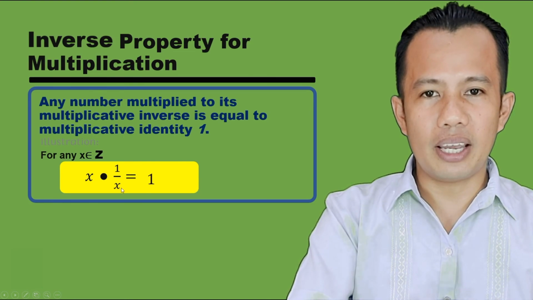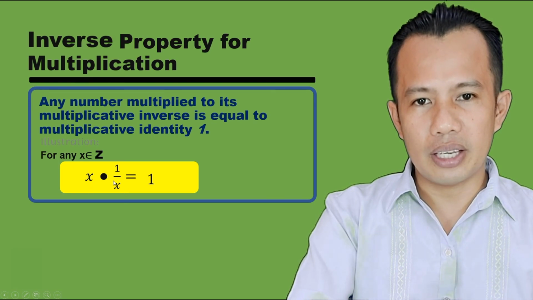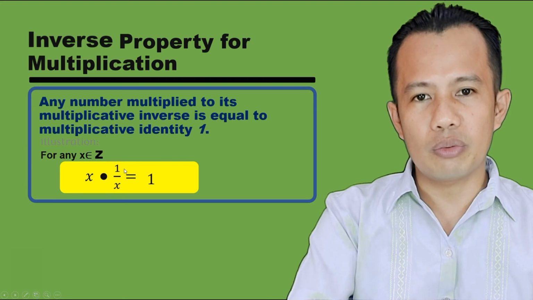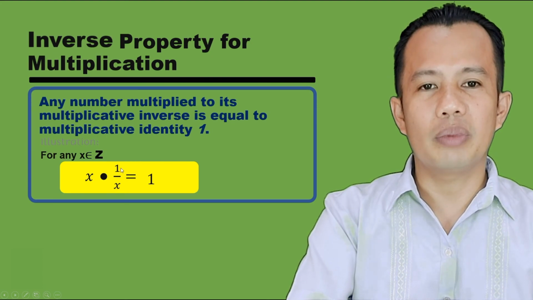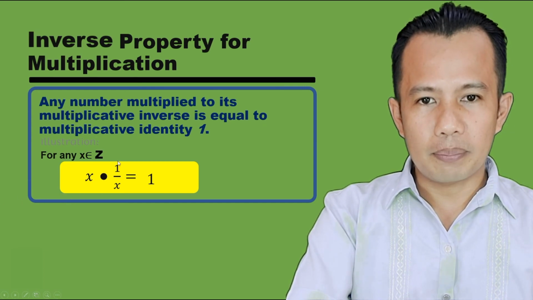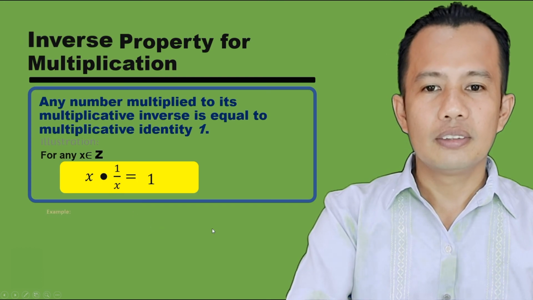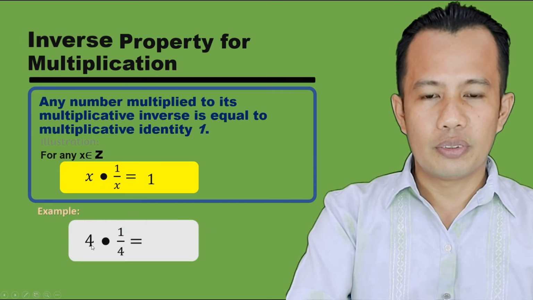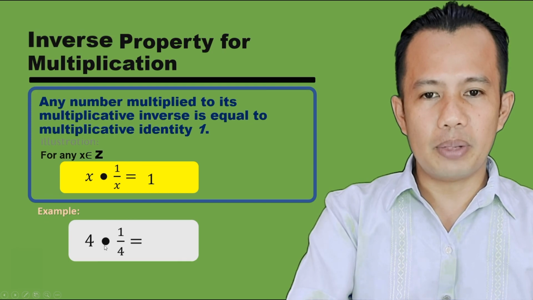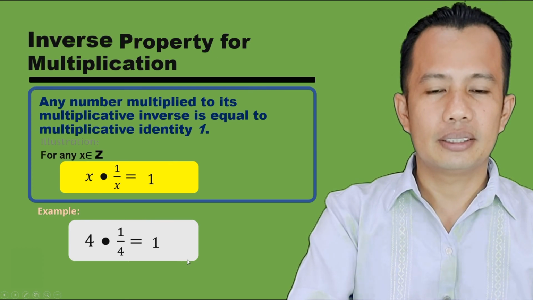Remember, 1 over x is our multiplicative inverse, having x as our denominator and putting 1 as its numerator. And that will become the multiplicative inverse of x. For example, 4 times the multiplicative inverse of 4, which is 1/4, will become 1.